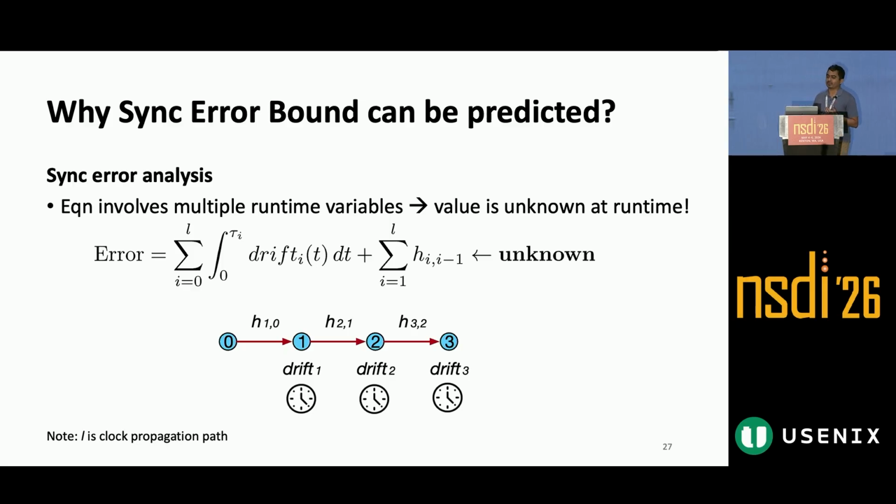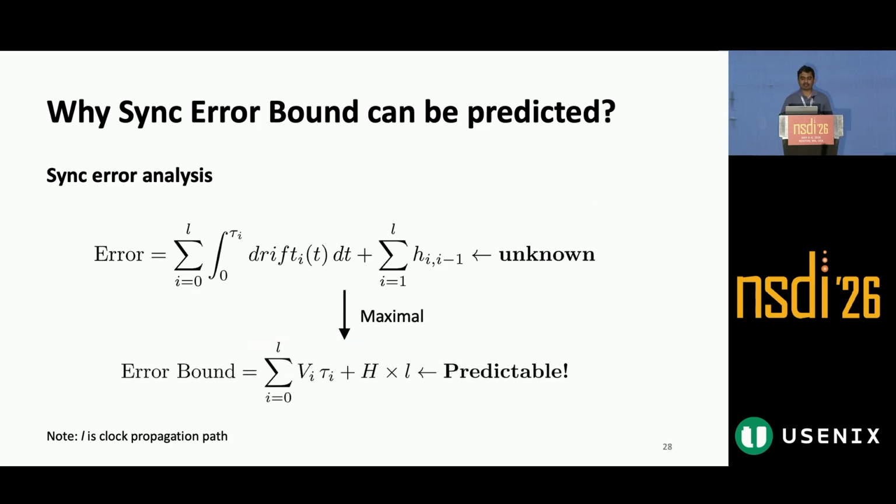Therefore, the error is also not known at runtime. However, the maximal value of this equation is actually predictable at runtime. And this essentially means the sum of the maximum variance and the sum of the maximum possible hop errors we have accumulated. Why is that predictable?